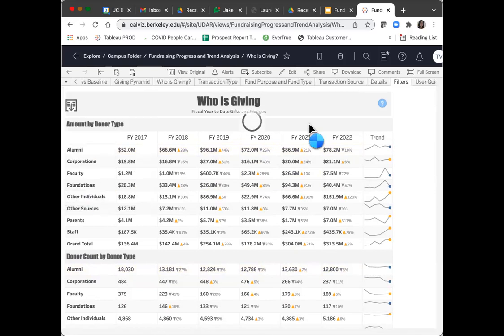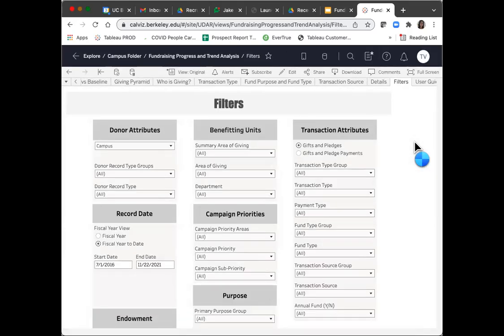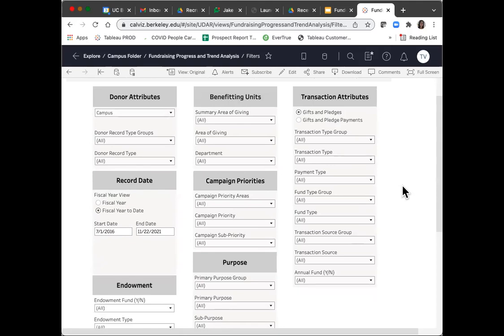Let's talk about the filters real quick, because this is sort of the control center, the powerhouse here. It allows people to filter on their own units, giving to their own units. It allows them to parse things by, say, transaction source.